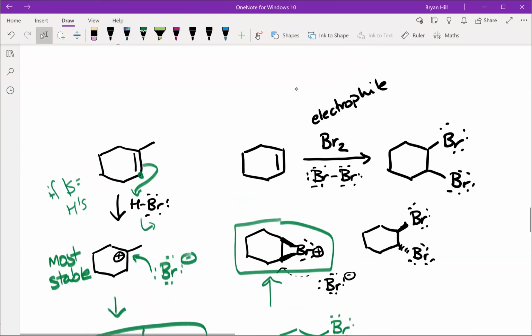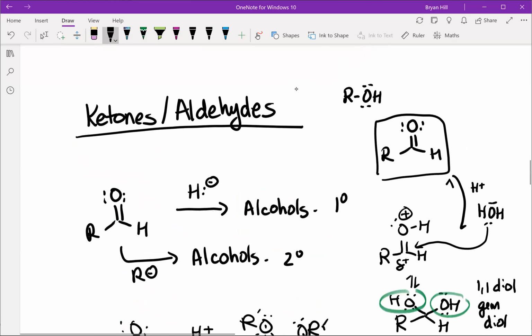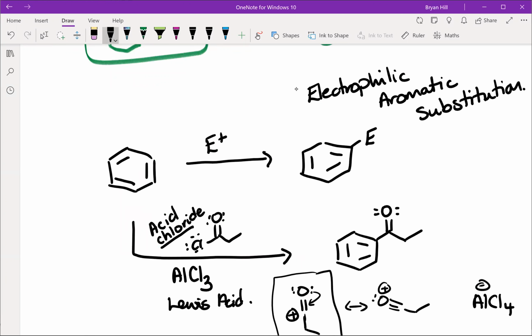All of these reactions with the alkenes were basically electrophilic addition reactions, because Br2 is an electrophile. These would be nucleophilic addition reactions because hydride's a nucleophile. These electrophilic aromatic substitution reactions, electrophile, and we're converting an H to an electrophile.